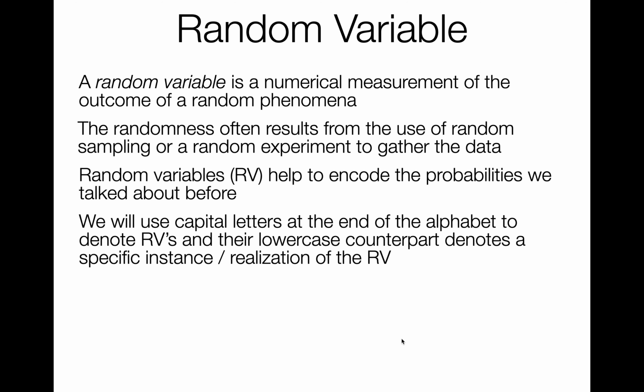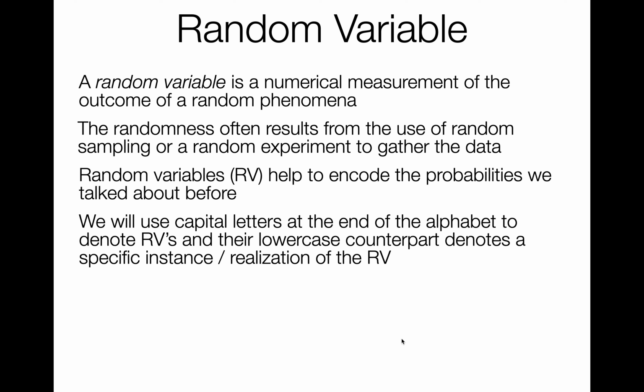And I'm eventually getting to this numerical measurement of the outcome of random phenomena, the thing I mentioned in the very first point. We'll use capital letters at the end of the alphabet to denote random variables, and their lowercase counterpart will denote a specific instance or realization of that random variable.